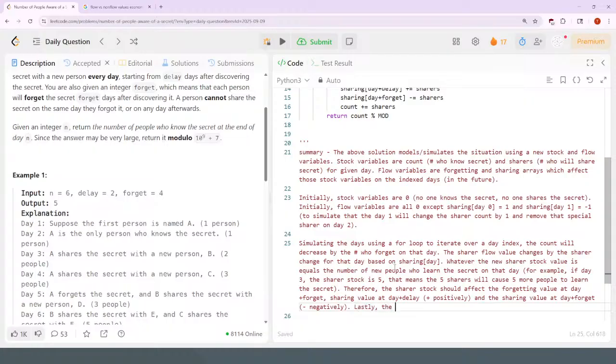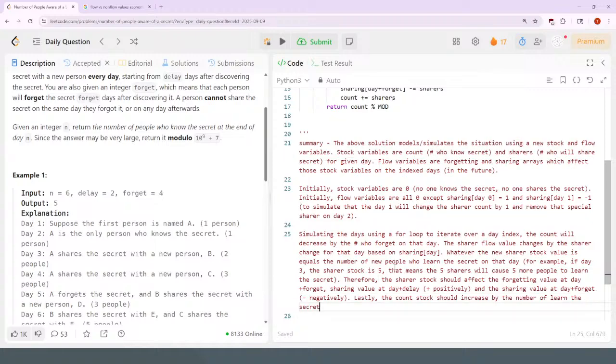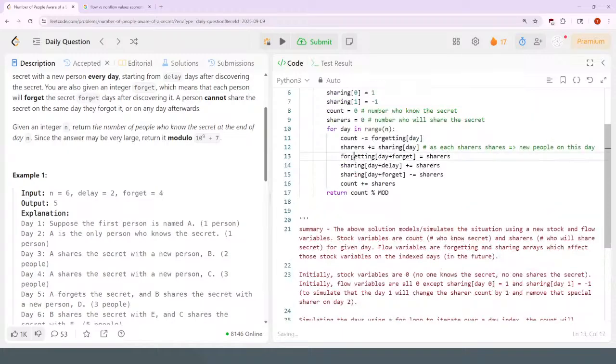Lastly, the count stock, the number of people who know the secret, should increase by the number who learn the secret on that day. So that's all this stuff. These new people will forget, these new people will share, and these new people will stop sharing.